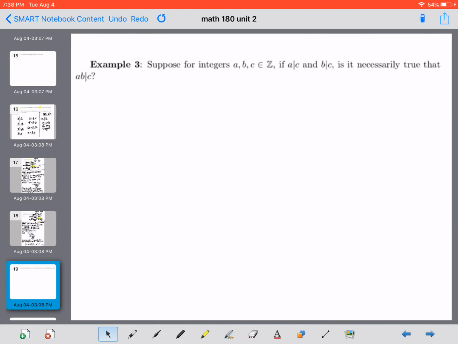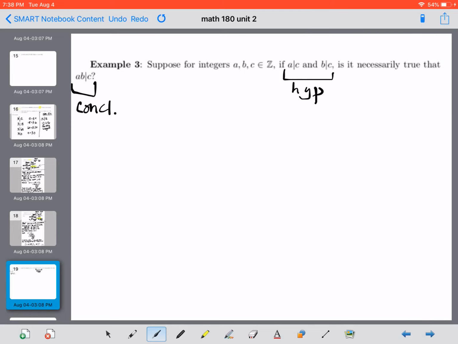So, again, it's probably helpful to come up with some examples to try to get a sense of what this statement is saying. So we want to find some examples of integers a, b, and c that satisfy the hypothesis, and then check to see if this conclusion would also be true. Alright, so we want a, b, and c so that c is a multiple of both a and b.